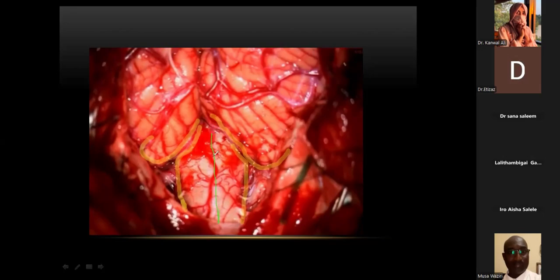So this will be the posterior median sulcus. If you are suspecting that there is a lesion inside, it's very easy to open this sulcus and then approach that lesion.